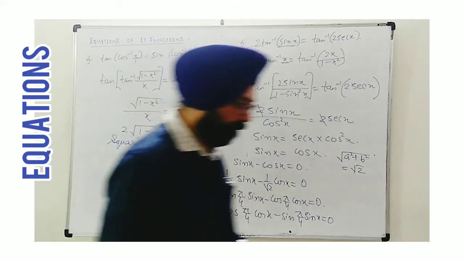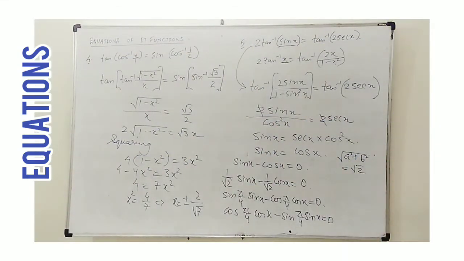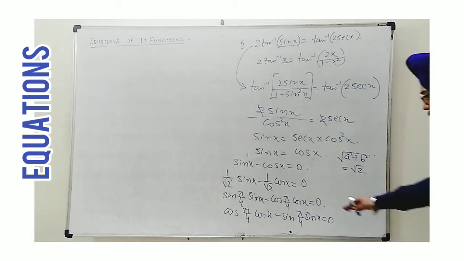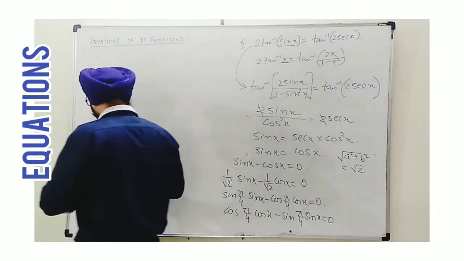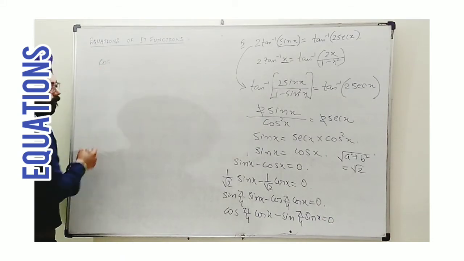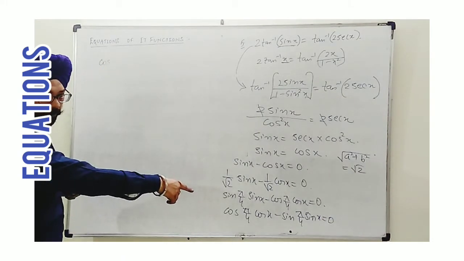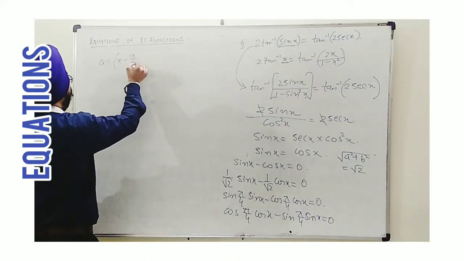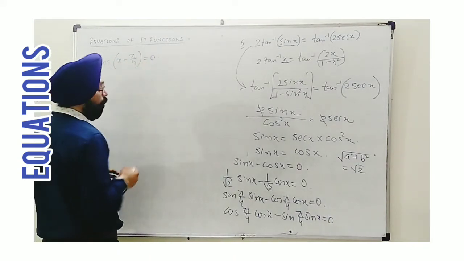Now please wait. So this term by the identity of compound angle can be written as cos of A minus B, x minus pi by 4, equal to 0.